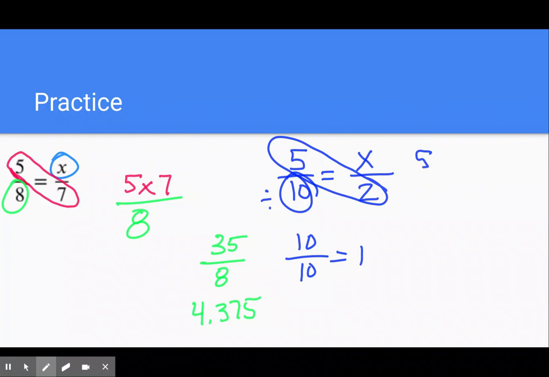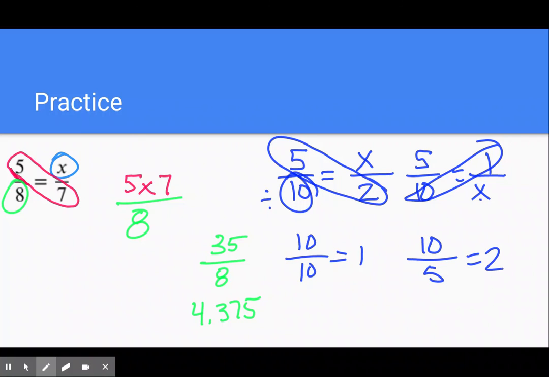Let's try a different way. Let's erase that 2. Let's make that an x. Let's make that a 1. 10 times 1 is 10. And then 10 divided by 5 is 2. So 2 is my x.